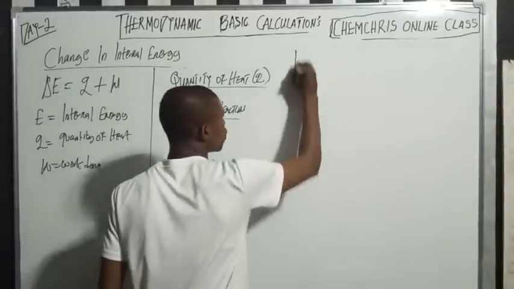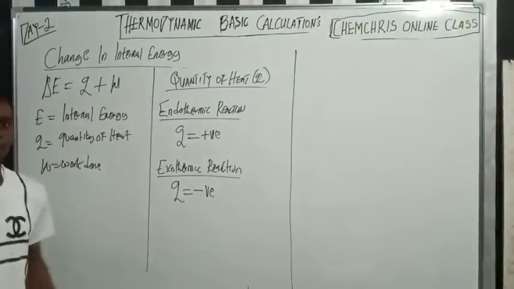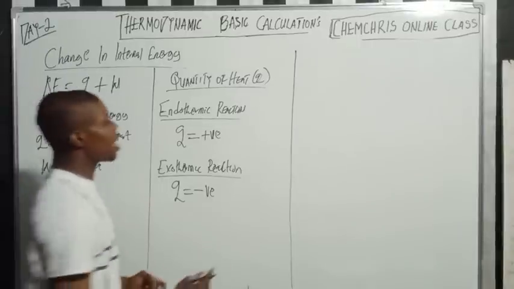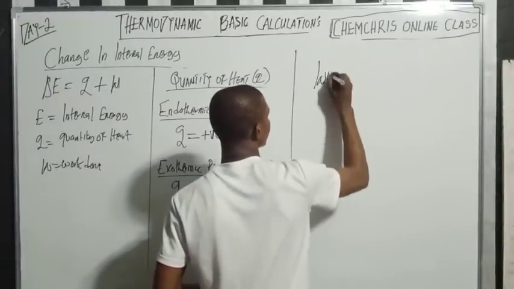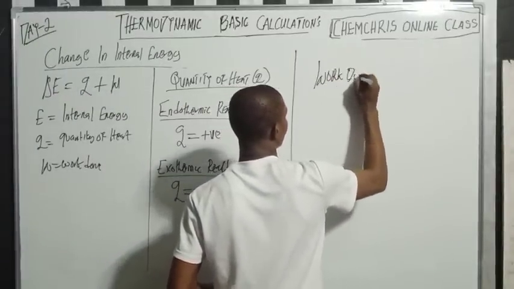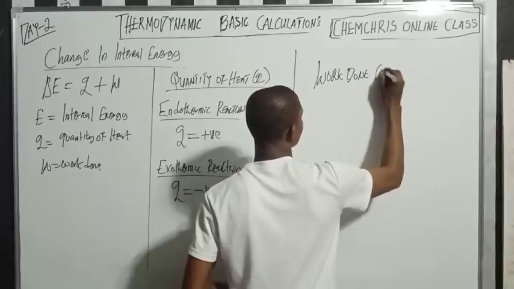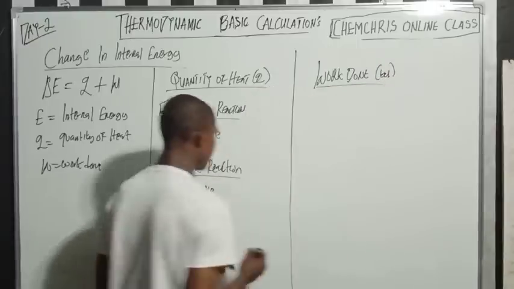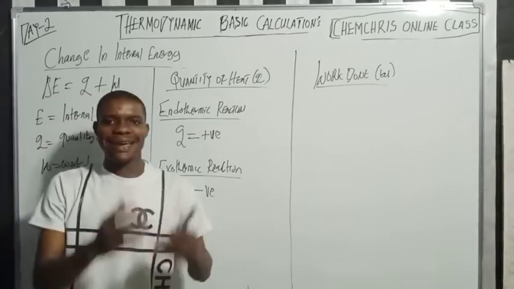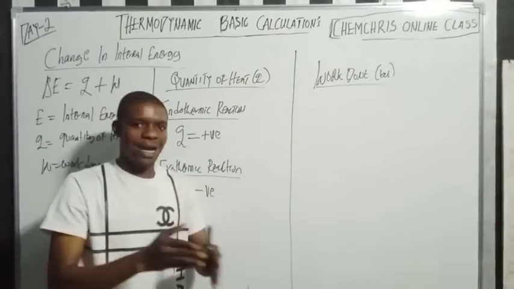Then look at work done. Very important. We have talked about work done, expansion, and the rest. Now, in the work done, which is W, it's very important here. Now we have compression.